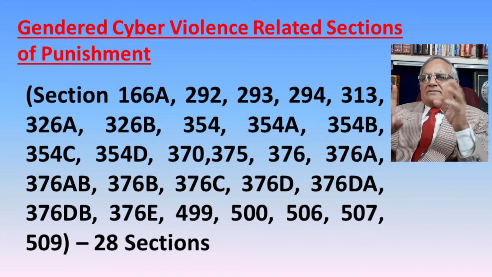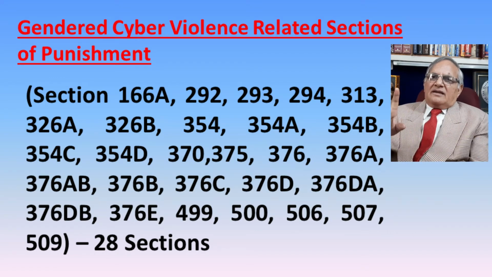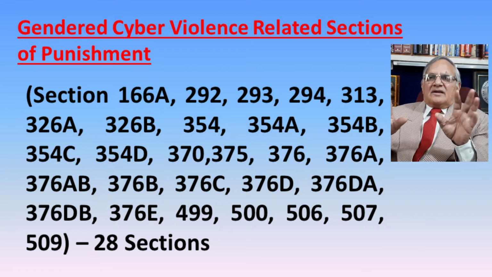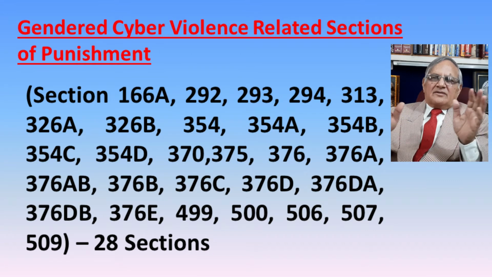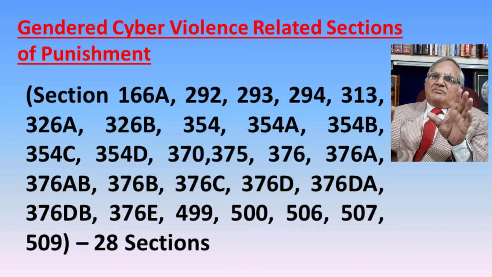And the punishment for sexual harassment is up to 3 years or fine or both, up to 1 year in the second case, and the offense is cognizable. It's non-compoundable, that we leave aside. Then section 354B, that is assault or use of criminal force to a woman with intent to disrobe.